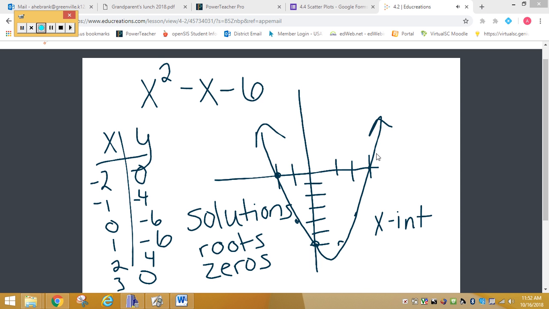So the answer to this, if I said, tell me what the solutions are, you would tell me that x is -2, because it crosses right here at -2, and you would tell me x equals 3, because it crosses right here at 3. So really, it's just like what we did on the last lesson. It's just now I'm going to say, tell me what your solutions are.